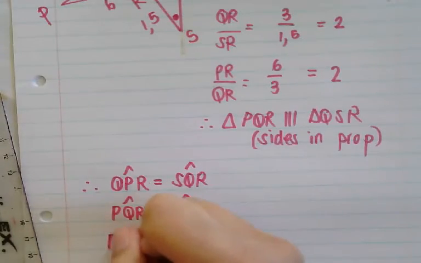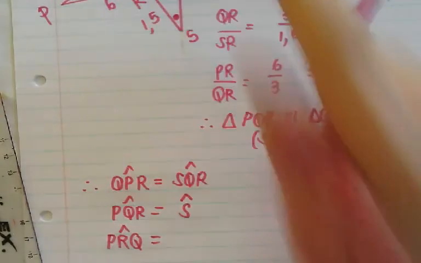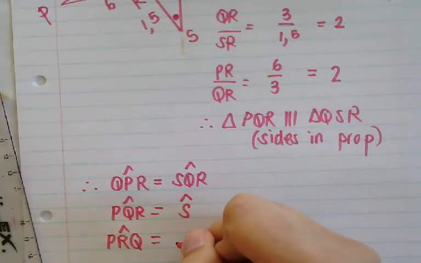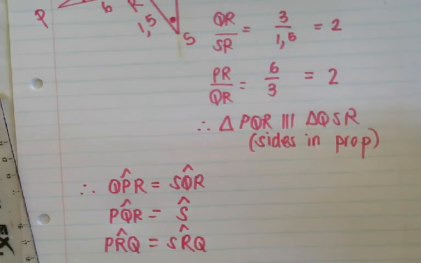PRQ is equal to SRQ, or QRS, I mean SRQ. So as soon as there's more than one option for which angle, you have to use 3 letters. If there's only one option, then one letter is fine.